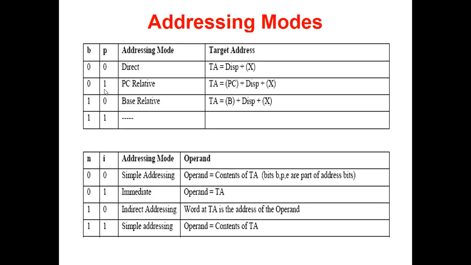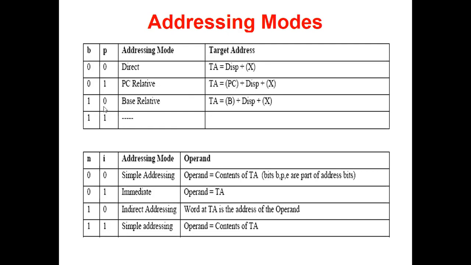Then for program counter addressing, P is a 1, B is a 0, that is the program counter. So it means you take what is in the program counter plus the displacement plus what is in register X. That gives you the target address.